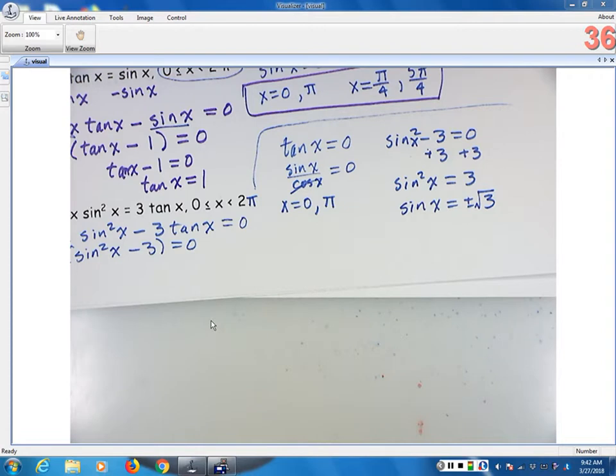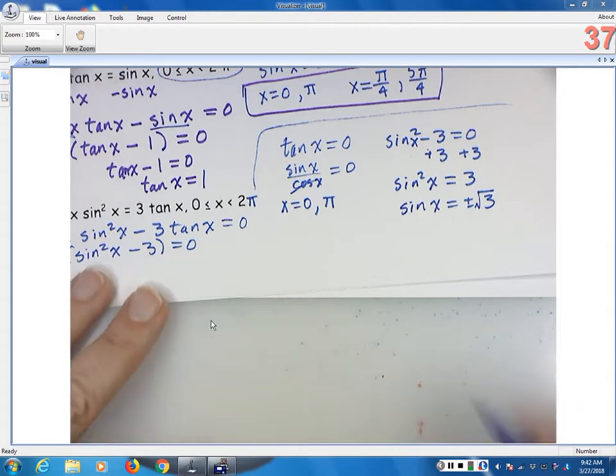So, we could find it with the calculator. I see in my filled in notes I didn't finish this problem. You could use that, find the approximate answers on your calculator.